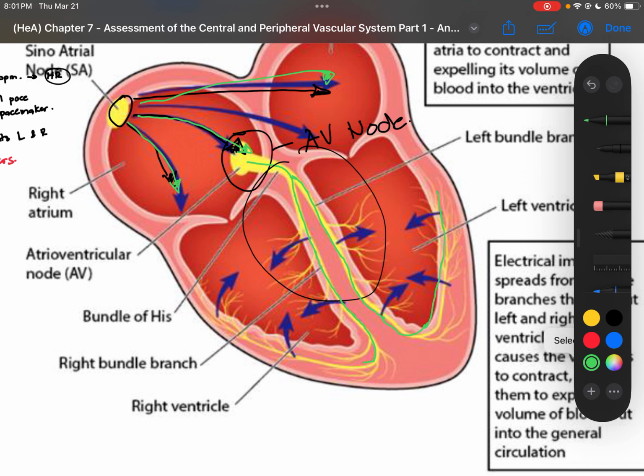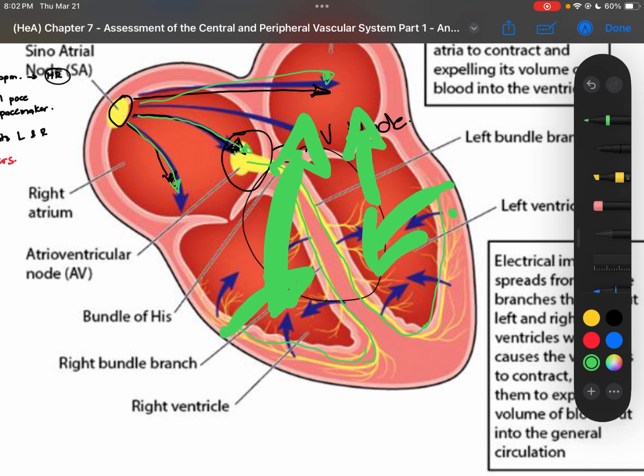Once it reaches this part, it will force your ventricles, the lower pumping chambers, to contract. And when we say contract, they will actually compress on themselves, thus forcing blood to move.